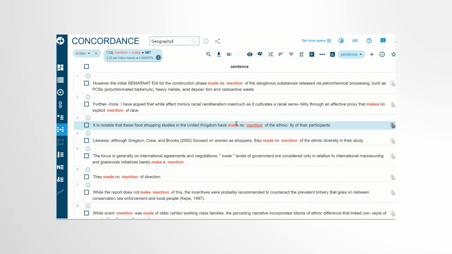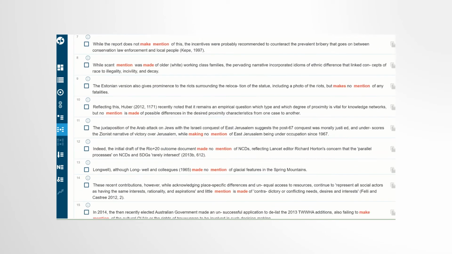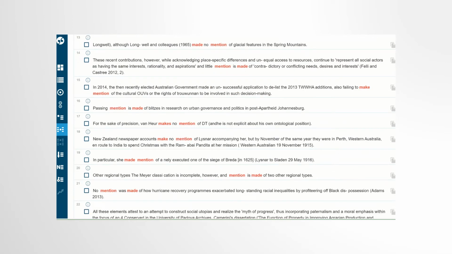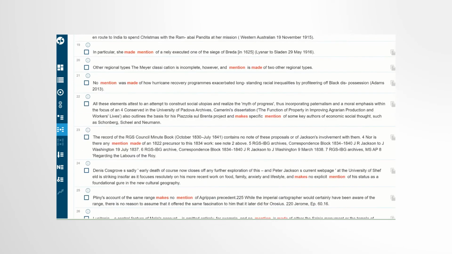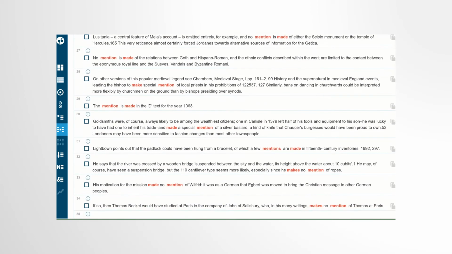Of course, they made no mention of something, but again, that's describing what other people have done. But we can already see the passive structure mention was made of, and this also occurs as a discourse marker. Let's see if we can find any examples.